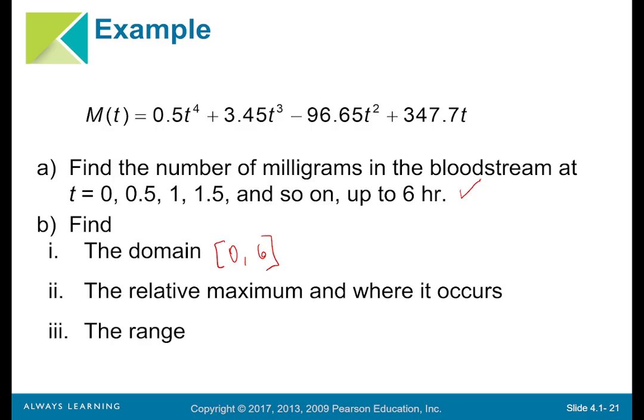And then the relative maximum was something like 2.14, and it was 345, around there, as a point, and so the max is 345, and it was at x equals 2.14. And then the range, of course, is from 0 to 345 included. Those were all our y values. So right off the graph, right from the calculator, we're able to get all of this information.